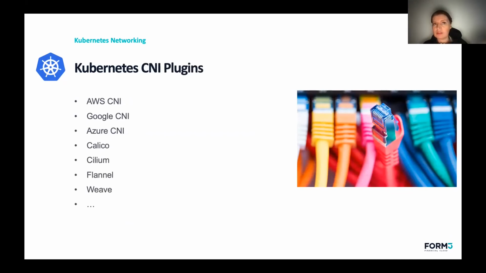Each cloud provides in its managed Kubernetes clusters its own CNI plugin, like the AWS CNI plugin, Google and Azure. They provide custom CNI plugins, but we can also use generic plugins like Calico, Cilium, Flannel, or Weave.